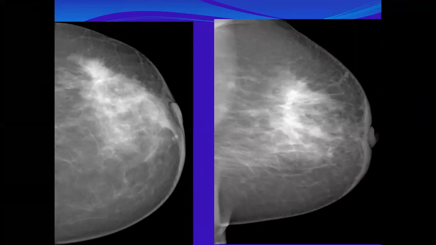Continue. This is craniocaudal. On the left craniocaudal. Okay. No, this is two views of craniocaudal. I'm only seeing craniocaudal. Mediolateral and craniocaudal. This is suboptimal positioning.